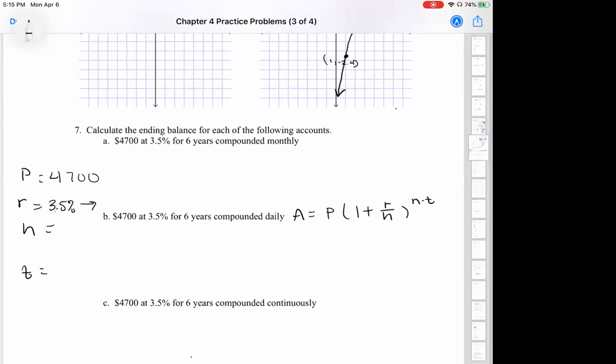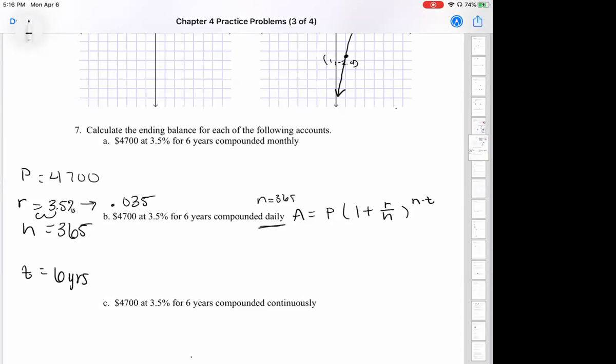Move the decimal over to the left 2, so it's 0.035. Your n is how many times it compounded, like quarterly or monthly. Here we have daily. So this lets us know that n is 365. And t is for time, and it's always in years. So we have 6 years.